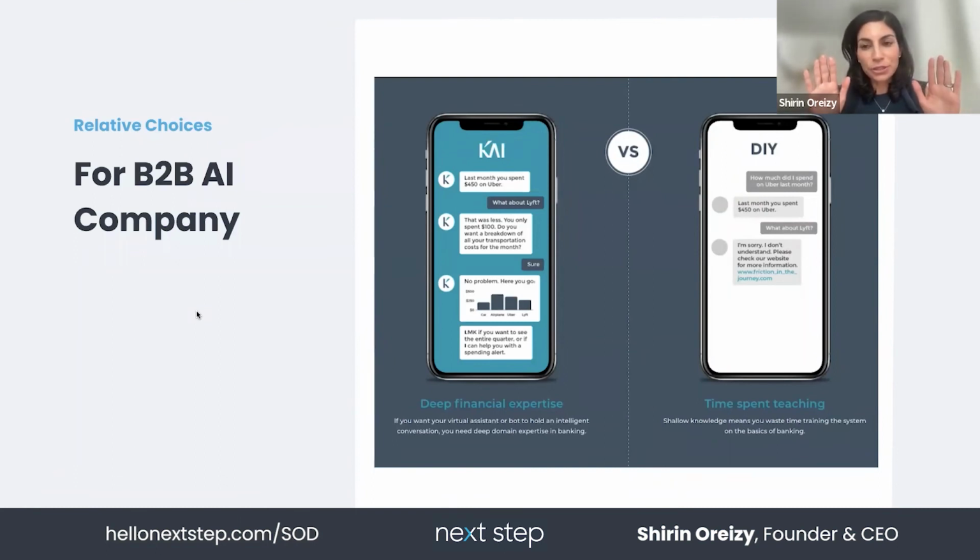And we were able to show what happens in terms of the end consumer experience when you have an AI solution that's actually smart and has deep financial expertise, and it really helps answer your customers' questions, as opposed to when you end up building the solution in-house without financial expertise, and ultimately the AI can't answer your customers' questions and it dumps them back to a customer support agent.